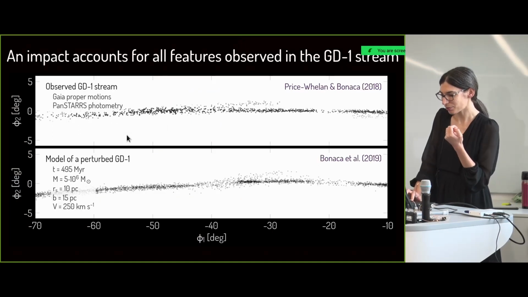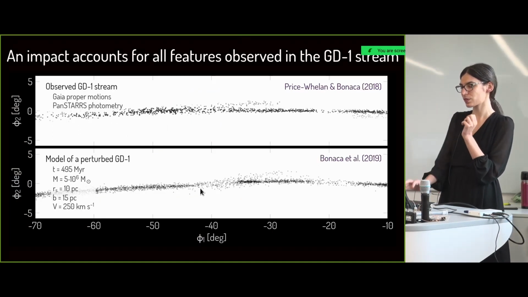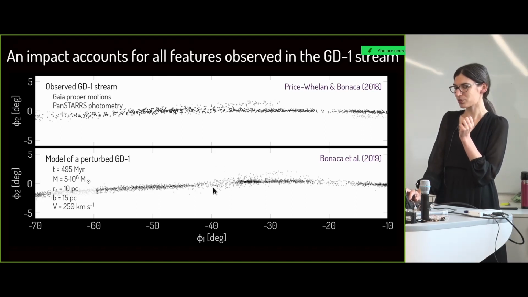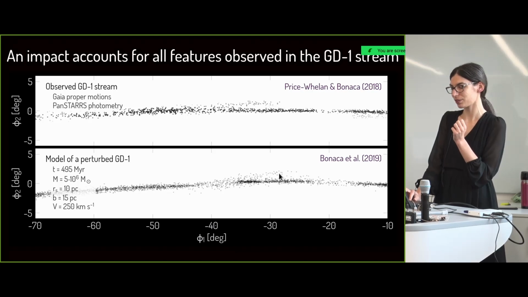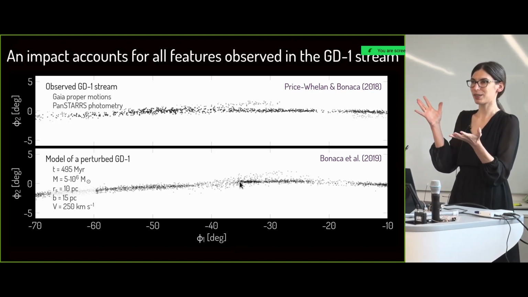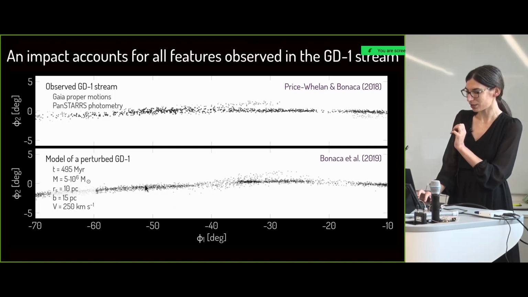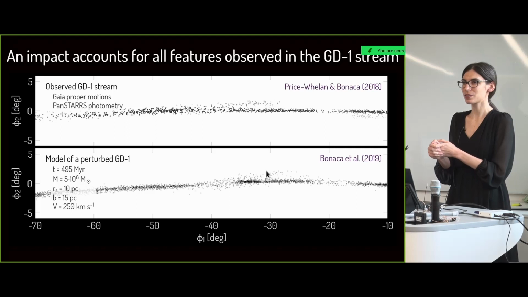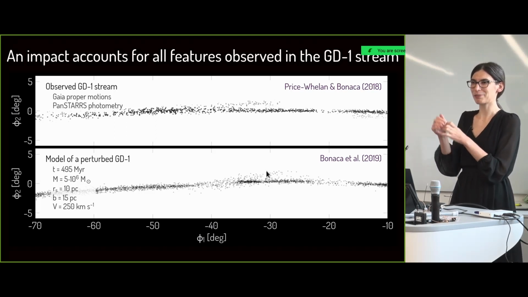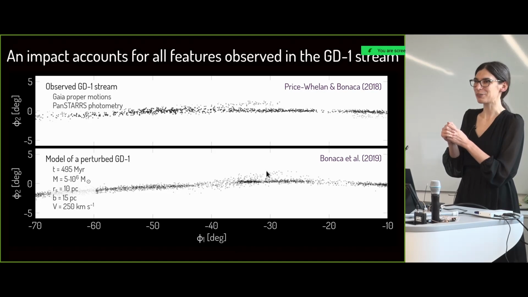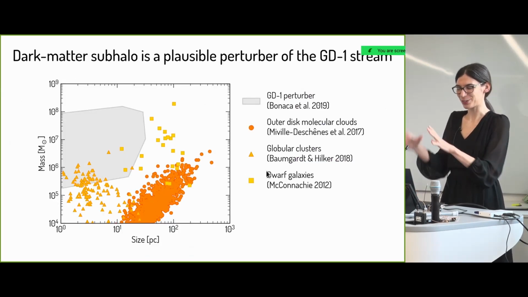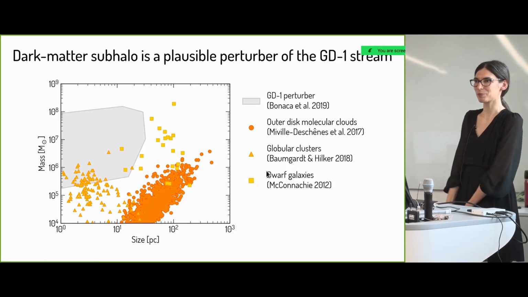The metric we used was basically to have a gap at the right position and of the right size, and also to have the track follow the observed track of these spur stars. But in principle, there should be a lot more information that we can get if we actually calculated the relative densities both in the gap and of these spur stars. Because we didn't do that, we didn't fully believe any kind of likelihood, even though we did calculate it. I plotted here just the contour of what looked like plausible models.